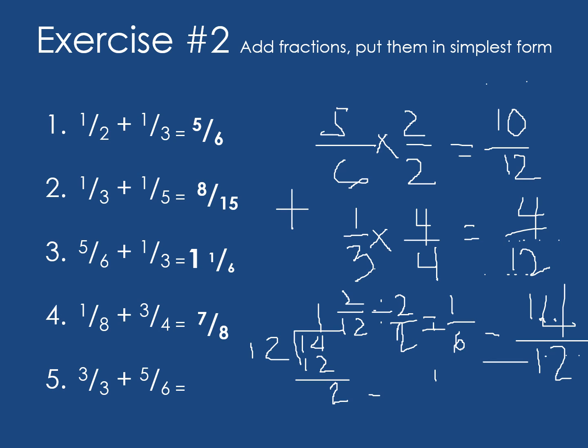Don't forget to copy the whole number 1. This is now the simplest form, 1 and 1/6. Don't forget to encircle your right answer. It's really correct. Do you understand, children? Now in number 4 the answer is 7/8. Then what may be your answer in number 5?